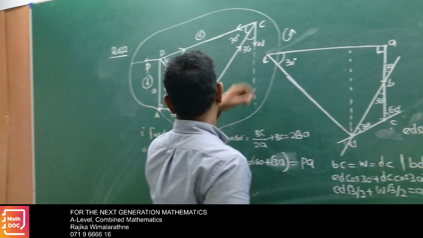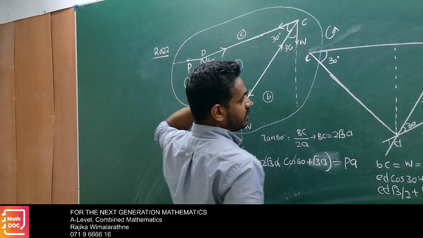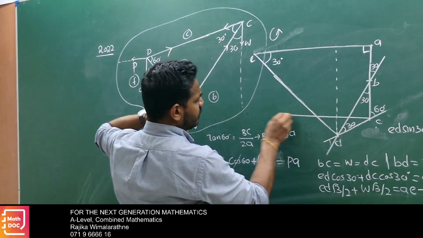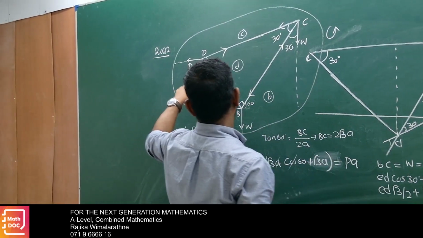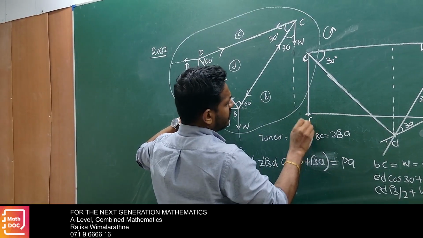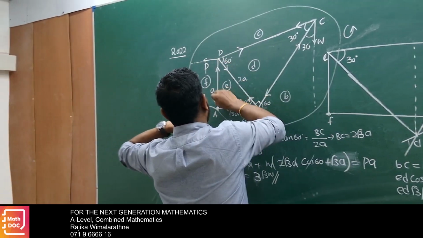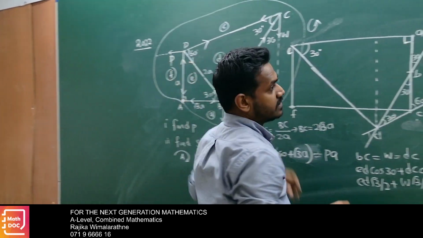Then we have to find another one. CF horizontal. FE vertical. Then here F. Then FE upward. Then AD thrust.